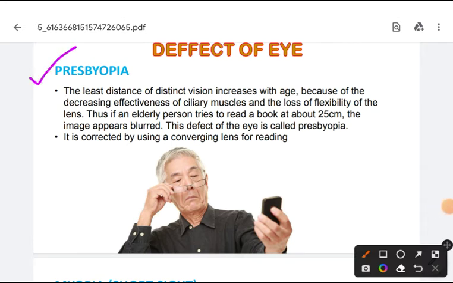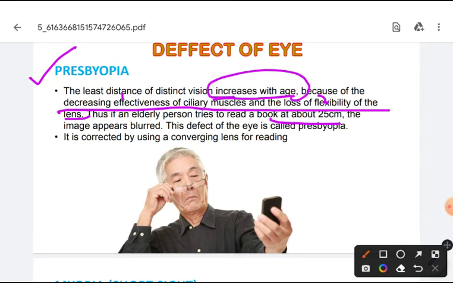The least distance of distinct vision increases with age because of decreasing effectiveness of the ciliary muscles and loss of flexibility of the lens. A book at about 25 centimeters, the image appears blurred. It is corrected by using a converging lens.